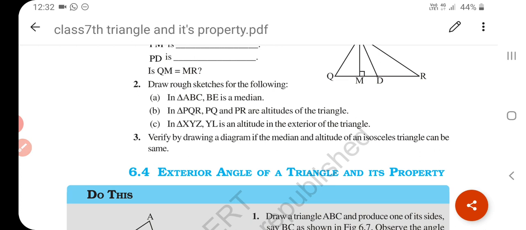Now question number 2B. In triangle PQR, PQ and PR are altitudes of the triangle.